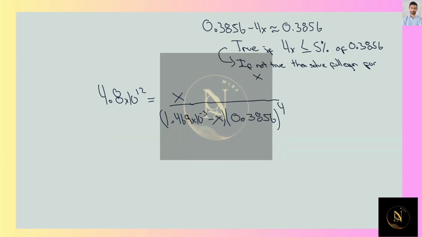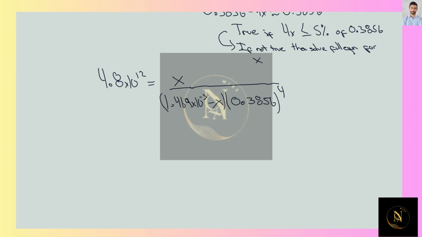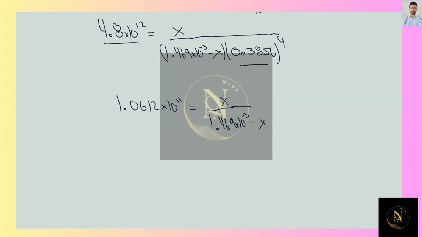Simplifying this equation a little bit, after evaluating these two terms and multiplying one by the other, we get 1.0612 times 10 to the 11. This is going to be equal to x divided by this small number, 1.469 times 10 to the minus 3, minus x. Now we simply need to do the algebra.